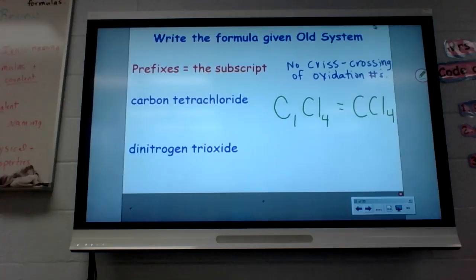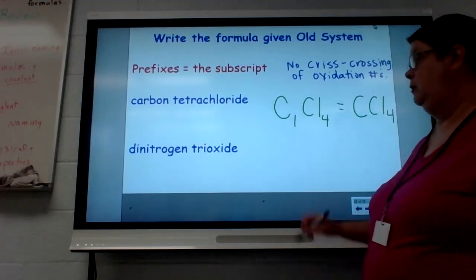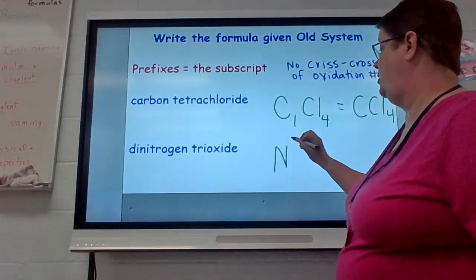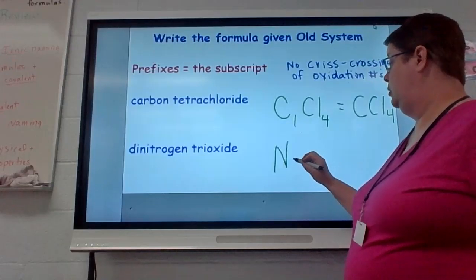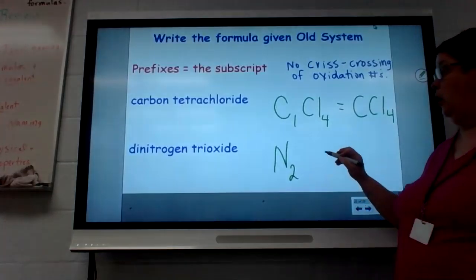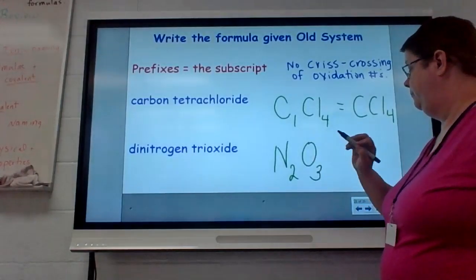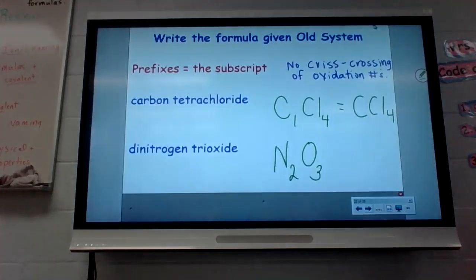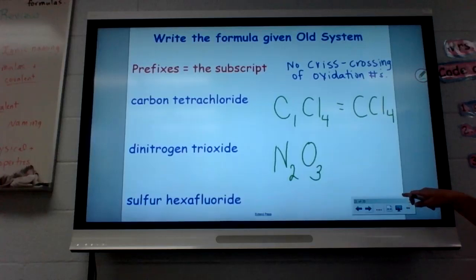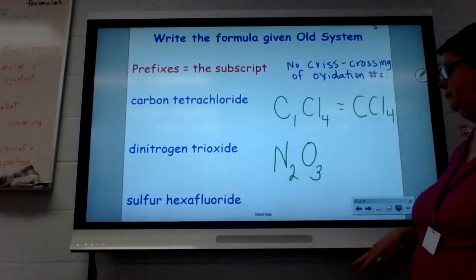All right, so dinitrogen. That's 2. So that means nitrogen has what symbol? N, and it gets what subscript? Trioxide. O, and it gets how many? What does the last one say?